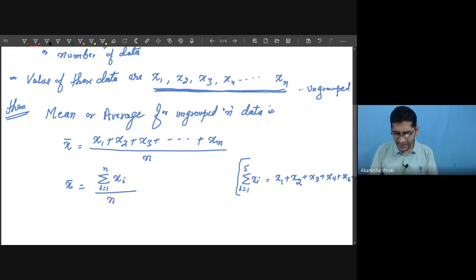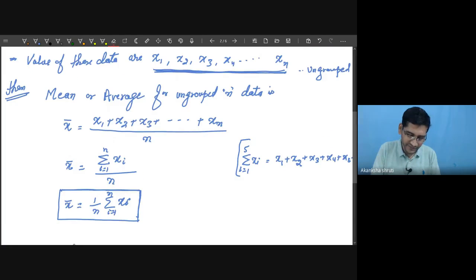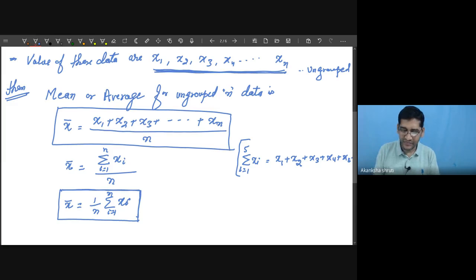Now keep in mind, this n sometimes acts as a constant, since it is a number, so this can be written as 1 by n separately, and the summation may be written in this form. Both mean the same thing. Whether you denote it by the second way, the third way, or the first way, all mean the same thing. Get it?